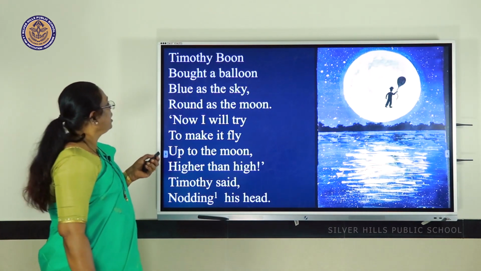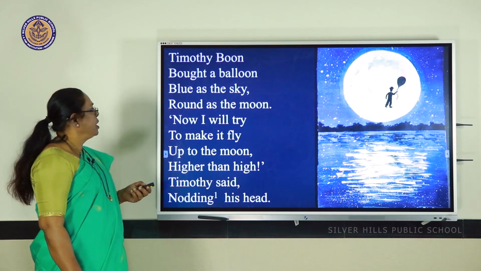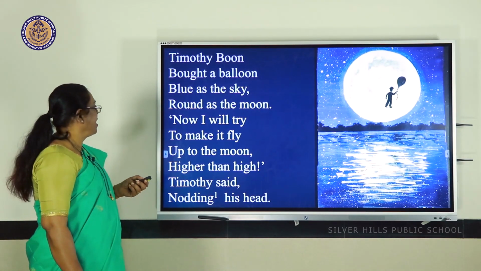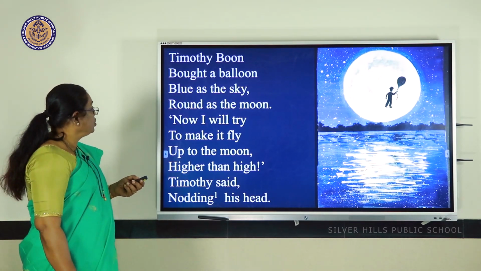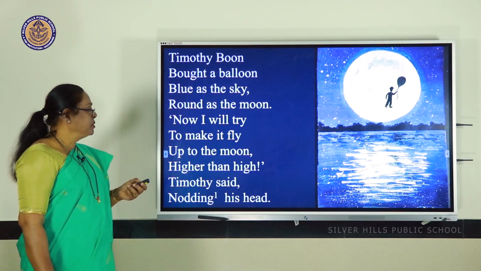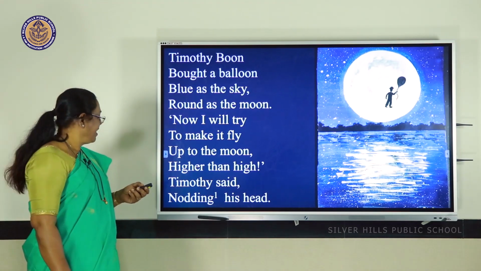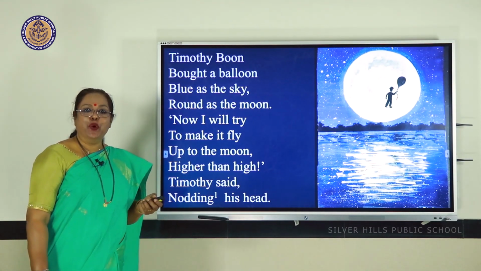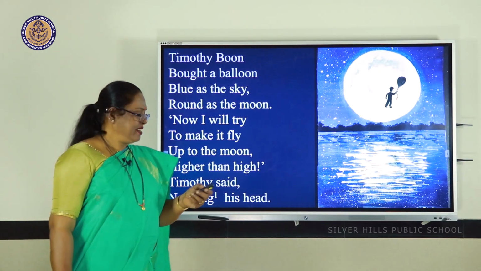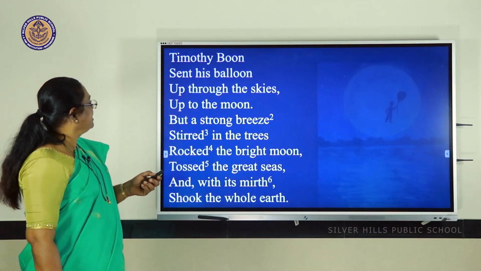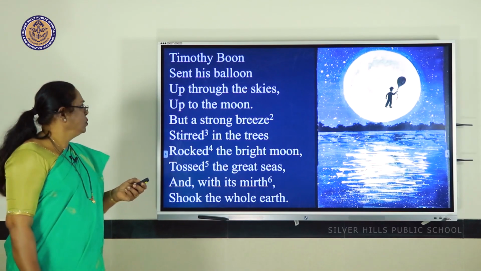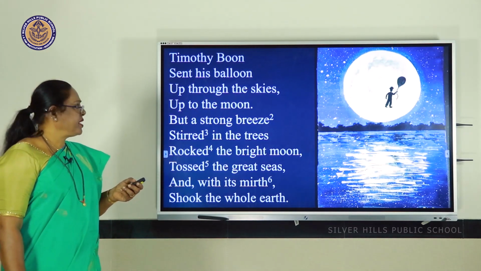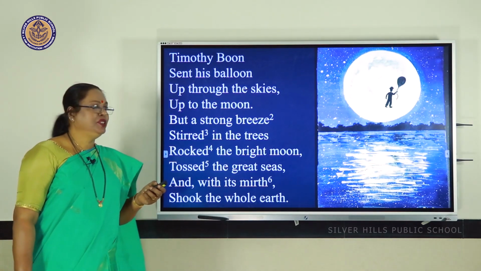Now, Timothy Boon bought a balloon, blue as the sky, round as the moon. Now I will try to make it fly up to the moon, higher than I, Timothy said, nodding his head. Now let us go to the second stanza. Timothy Boon sent his balloon up through the skies, up to the moon.